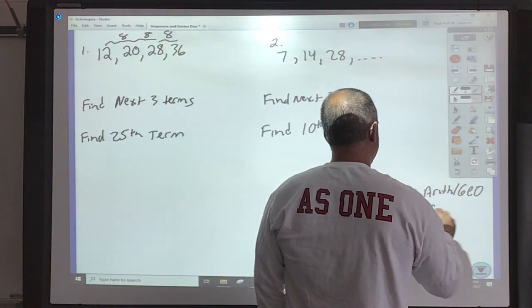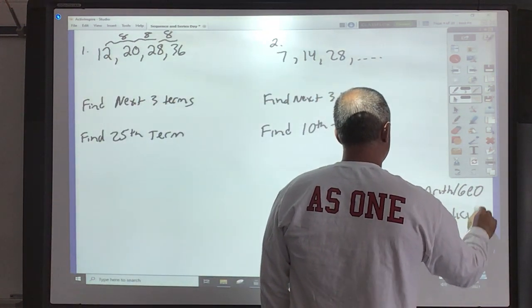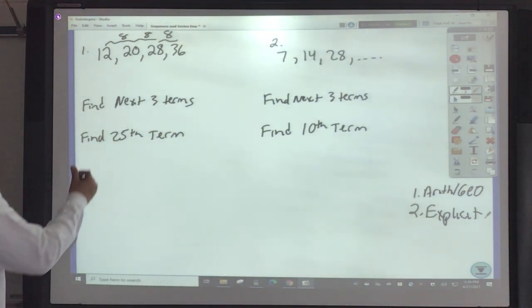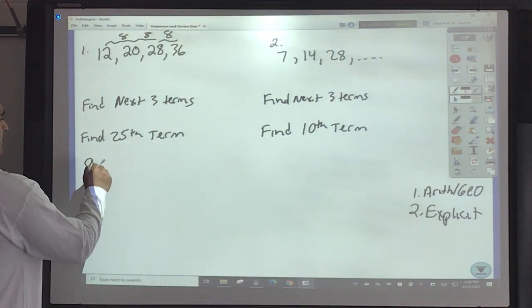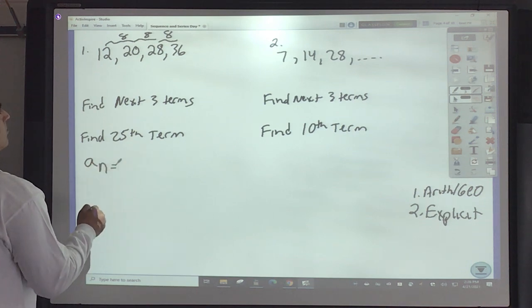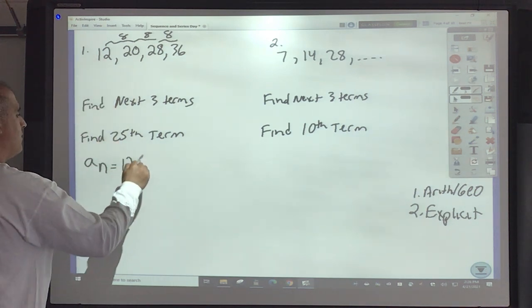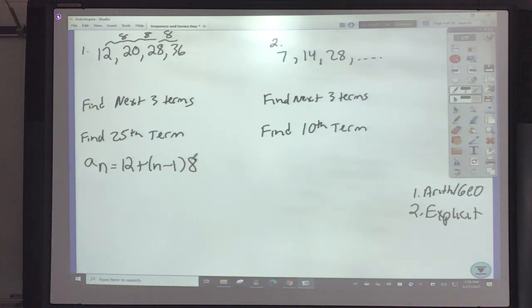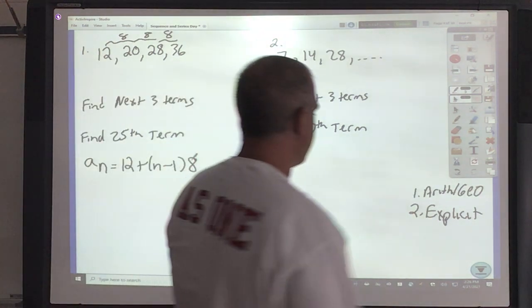Second thing we want to do is write the explicit formula. So the explicit formula is a_n equals 12 plus (n minus 1) with the difference of 8. Now the next 3 terms are really easy.